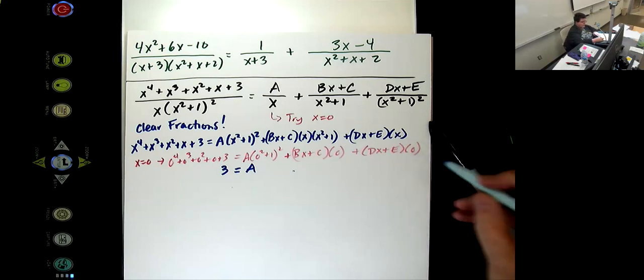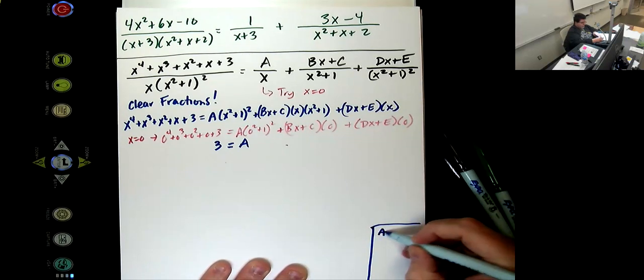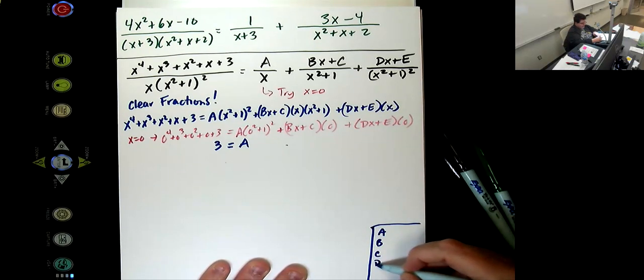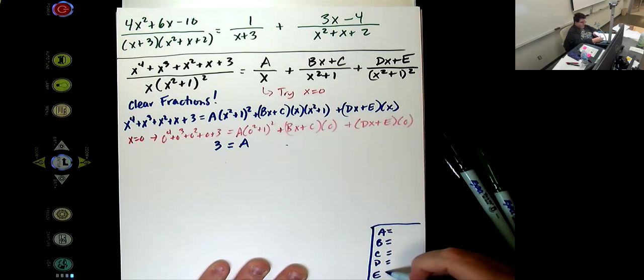All right, so I'm gonna make a little table down here. A, B, C, D, E. We need to find all these, and we just found A equals 3.